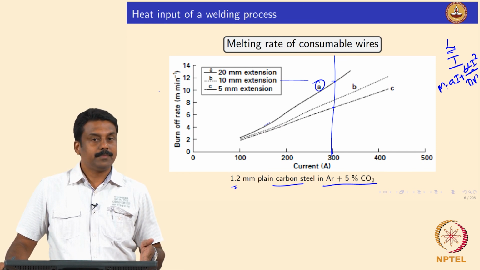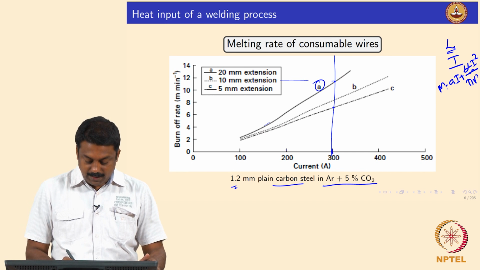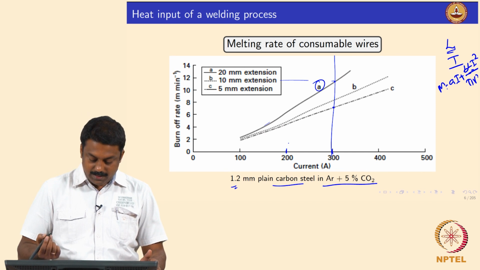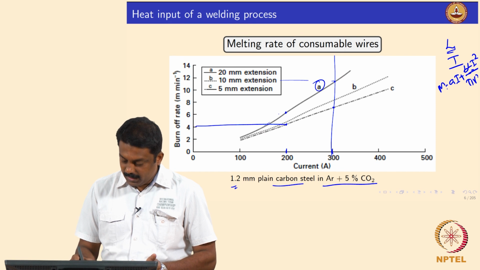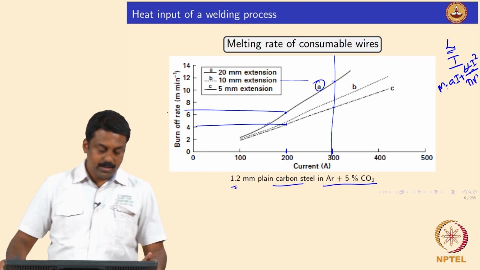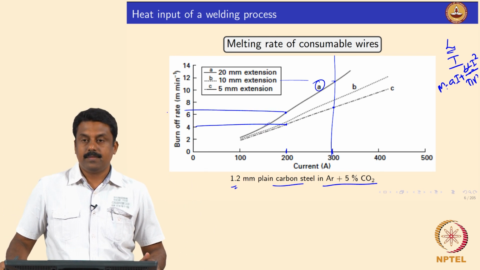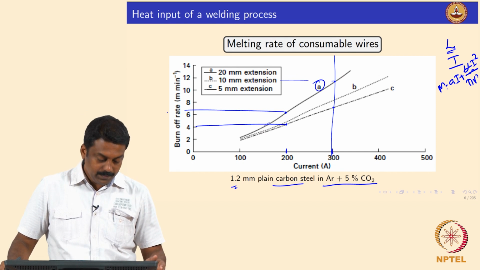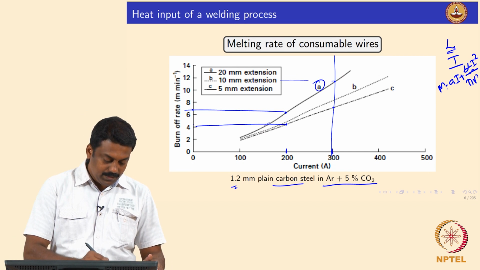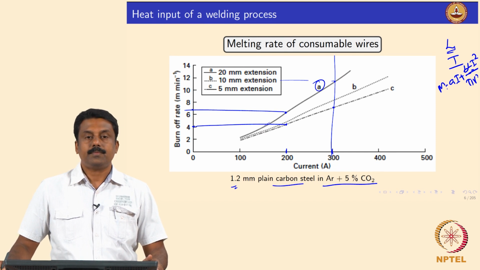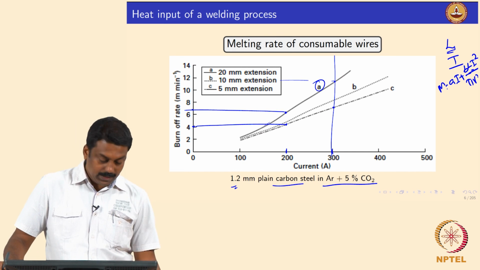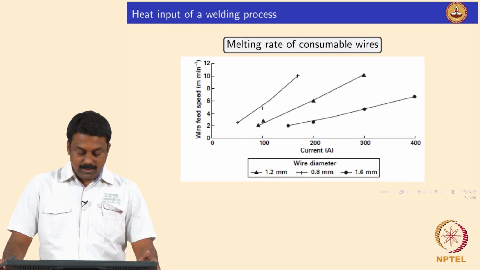Yes, it's clear. Suppose a 200 amperes current is used, with 5 mm stick out length versus 20 mm stick out length. The melting rate or burn off rate changed from say 6.7 to 4 by changing stick out length from 20 to 5. Very good. And then we will go to the second one.